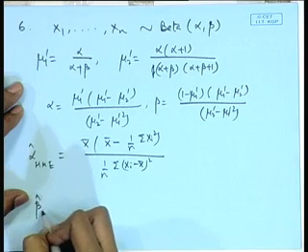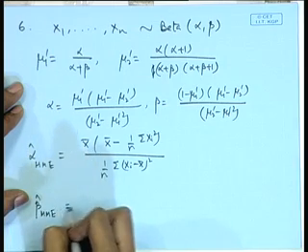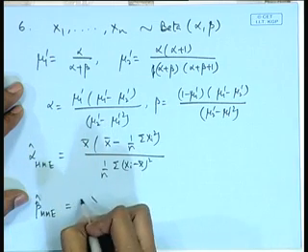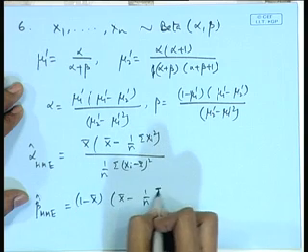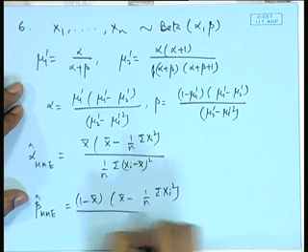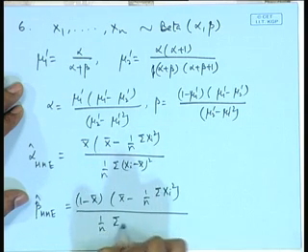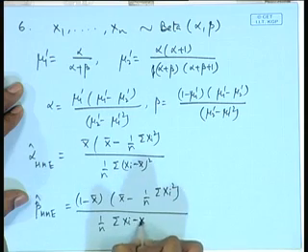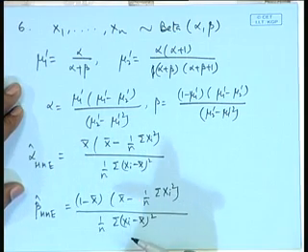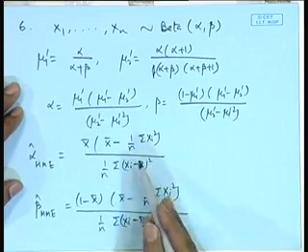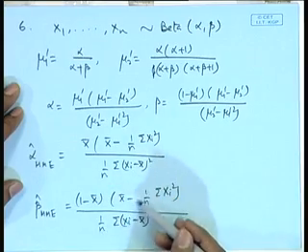Similarly, beta hat MME is equal to (1 minus x bar) into (x bar minus (1/n) sigma xi square) divided by (1/n) sigma (xi minus x bar) whole square. In all these cases, you can see that checking of the unbiasedness is extremely difficult. In fact, they will not be unbiased.